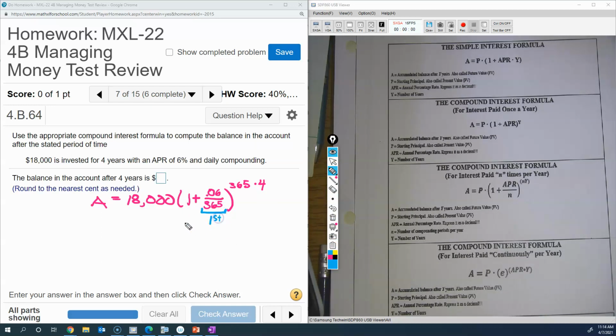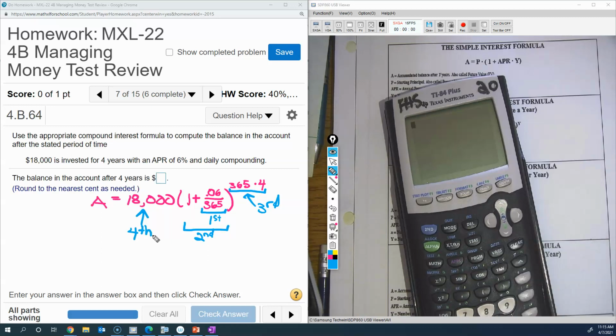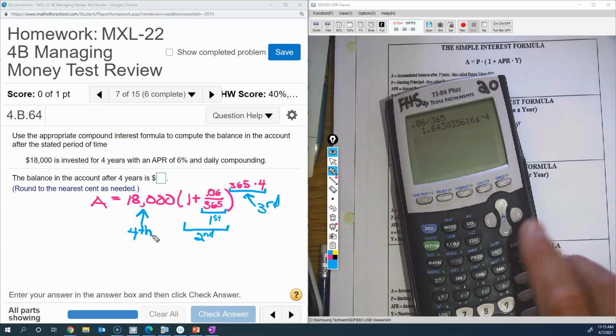First, second, third, fourth. All right, 0.06 divided by 365. Okay, plus 1.